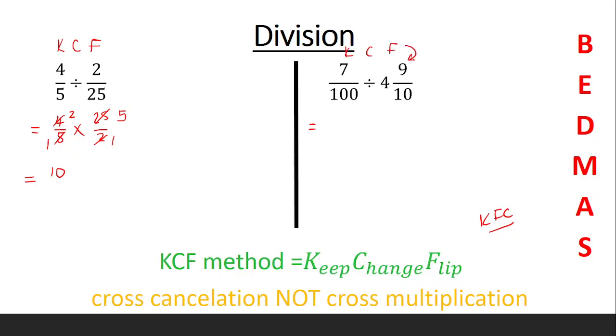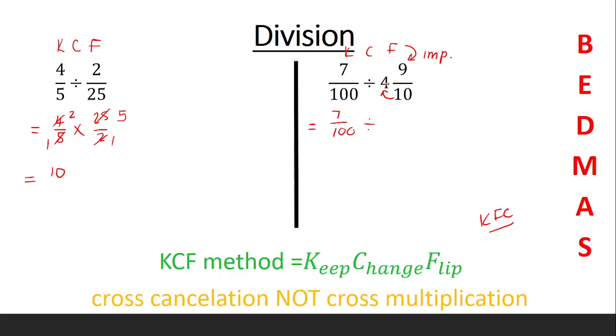But now I can't really flip this one. It first needs to be changed to an improper, and then I can flip it. So let's do that. So 7 over 100 divided by, so how do we change from a mixed to an improper? So we say 10 times 4, because we've got 4 whole tens.